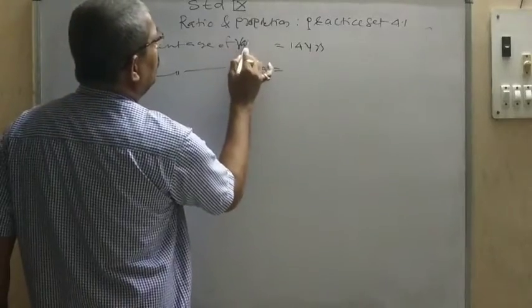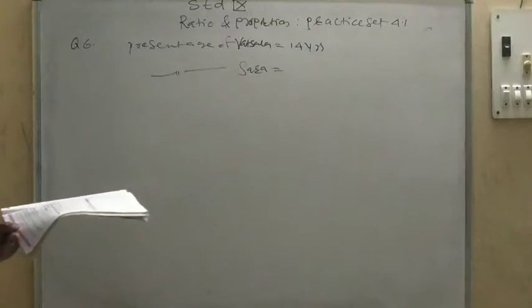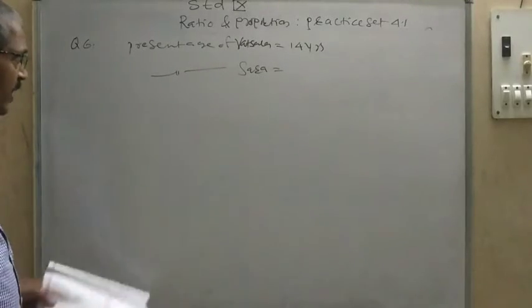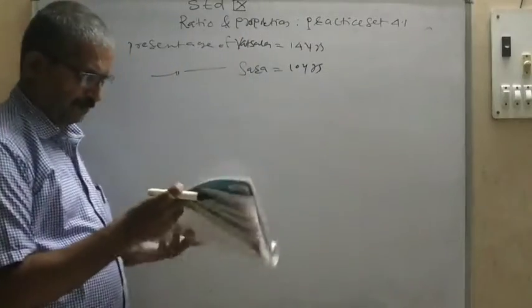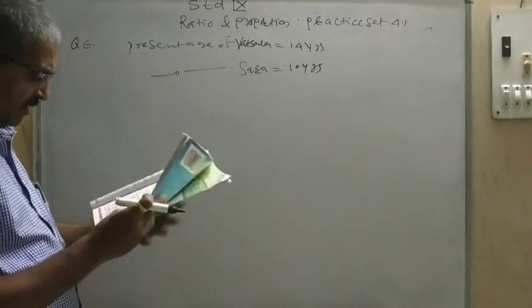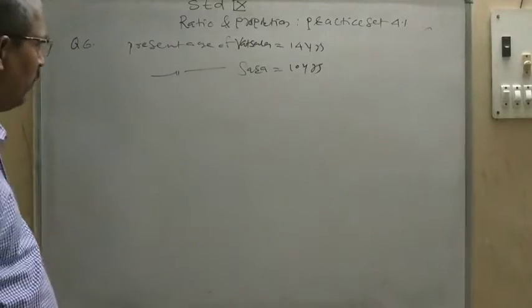Present age of Vatsala is equal to 14 years, and present age of Sara is equal to 10 years. After how many years will the ratio of their ages become 5/4?